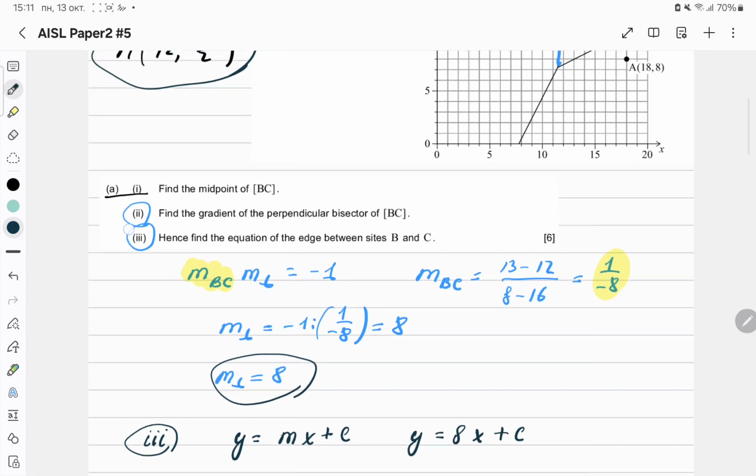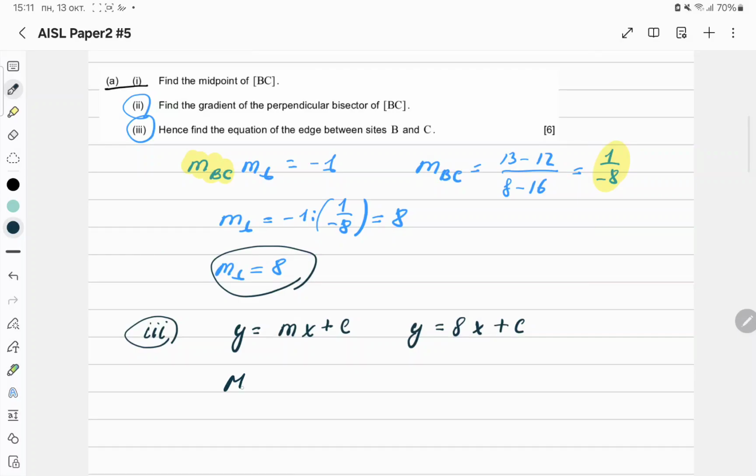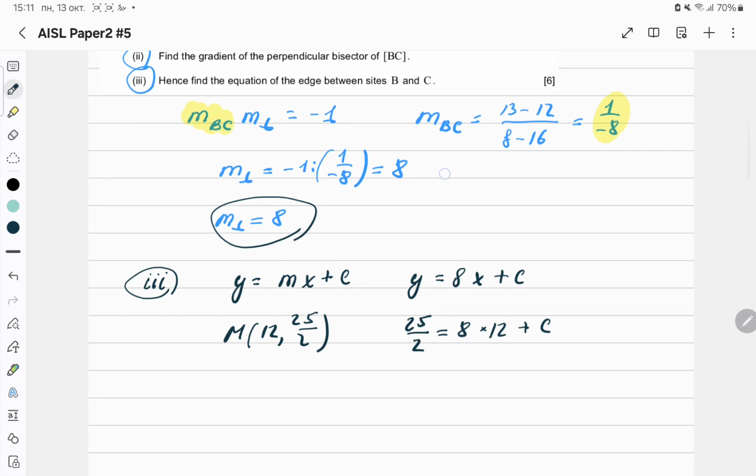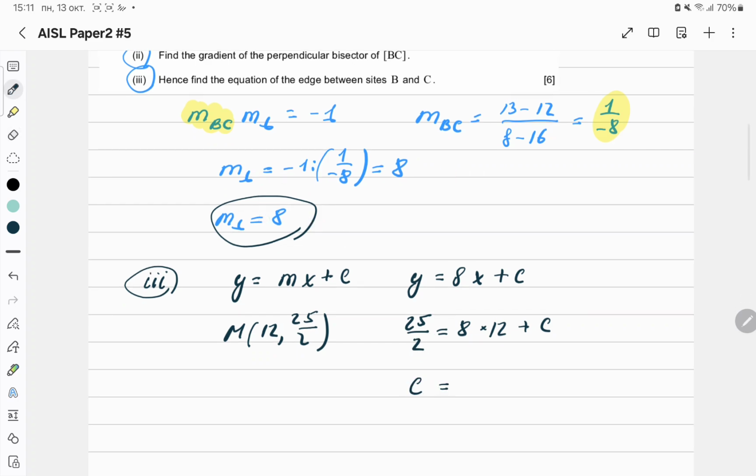Now to find c, we will use the point M with coordinates 12 and 25 over 2. 25 over 2 is equal to 8 times 12 plus c, and c is equal to 12.5 minus 96, so it is -83.5.